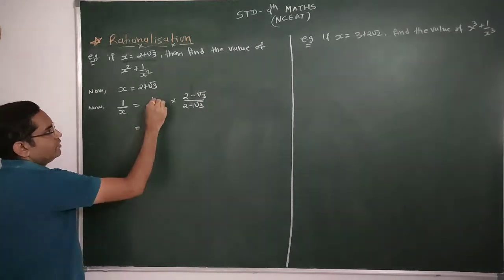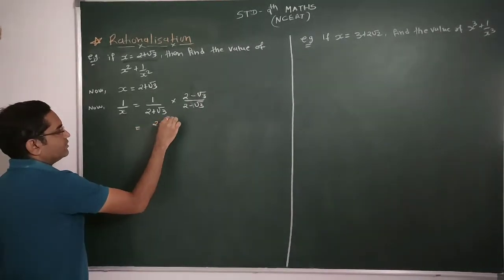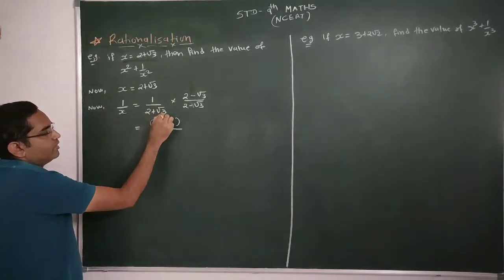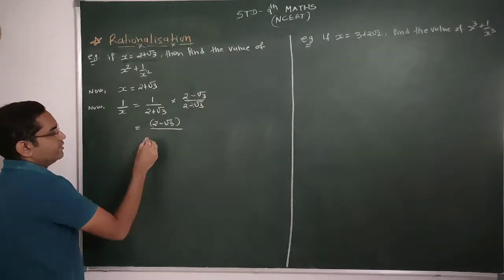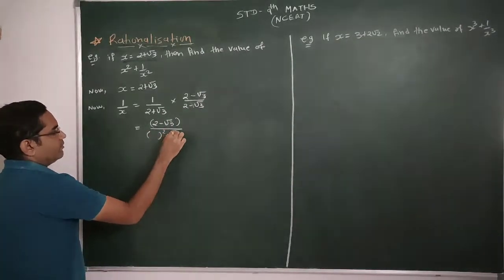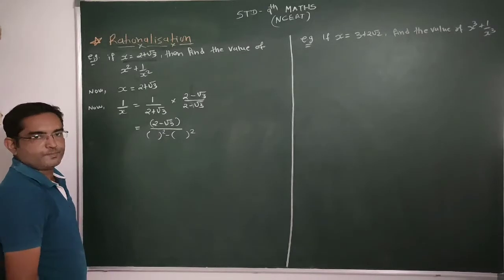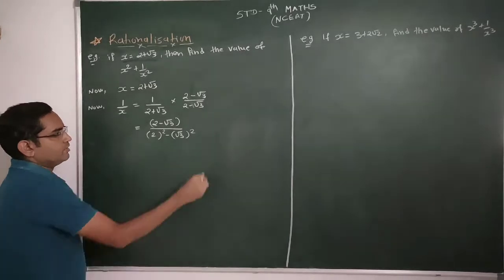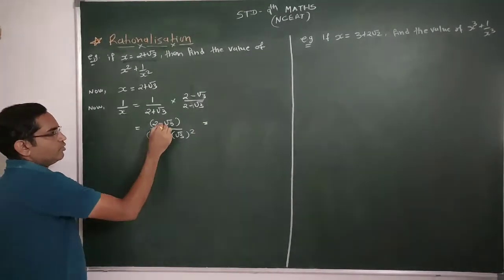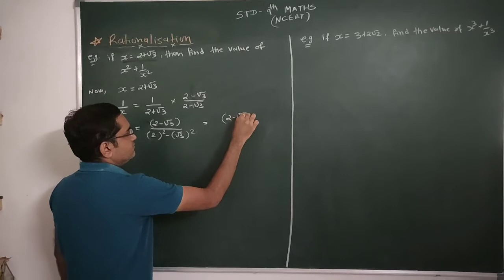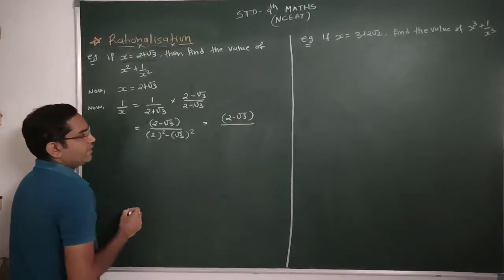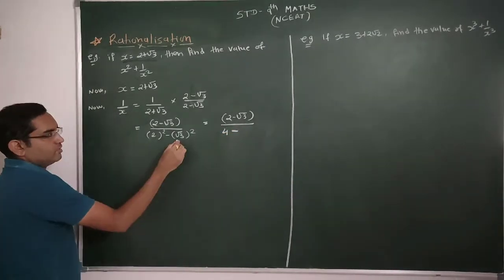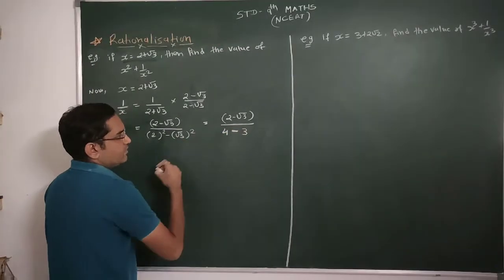Clear? The numerator becomes 2 minus root 3, and the denominator is 2 plus root 3 into 2 minus root 3. The identity is first term square minus second term square. The first term is 2, the second term is root 3. So this is equal to 2 minus root 3 divided by 2 square, which is 4, minus root 3 square, which is 3.